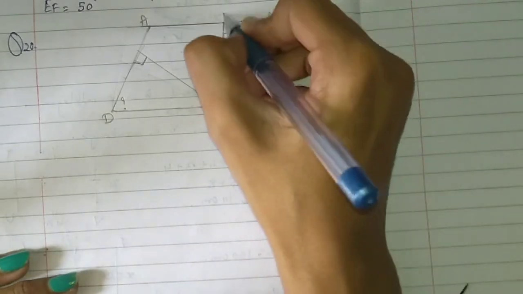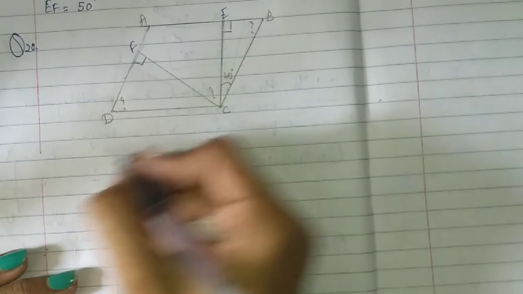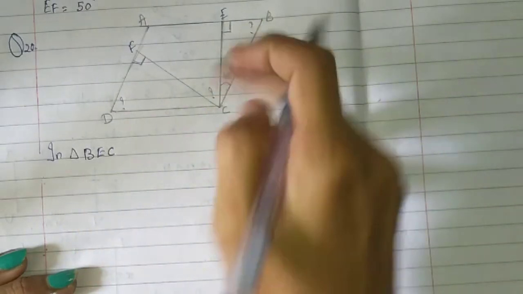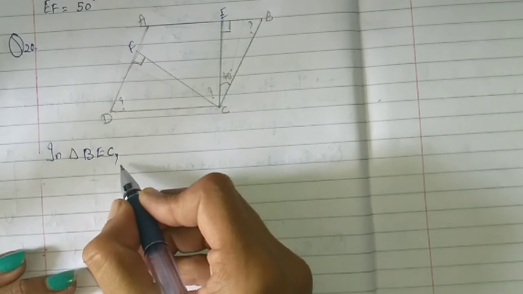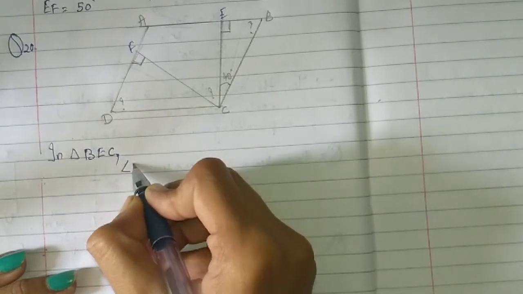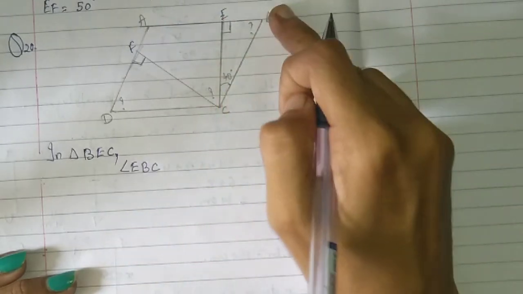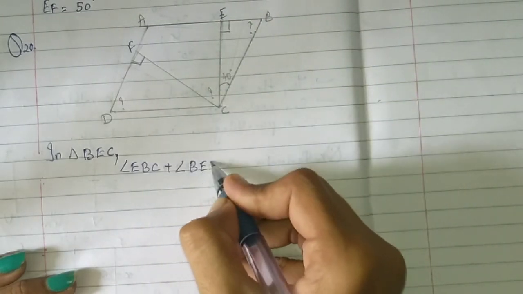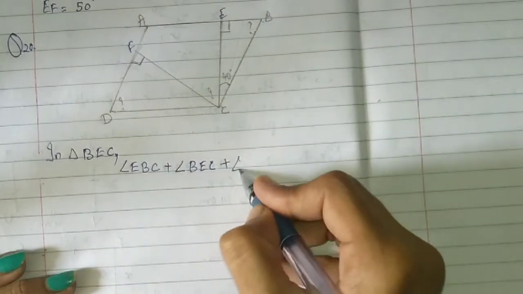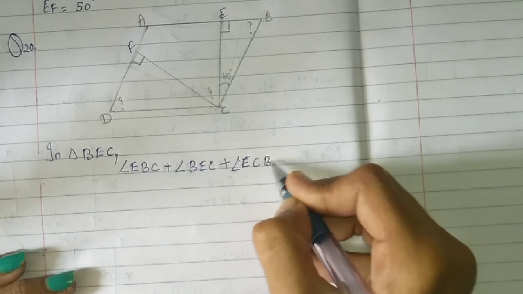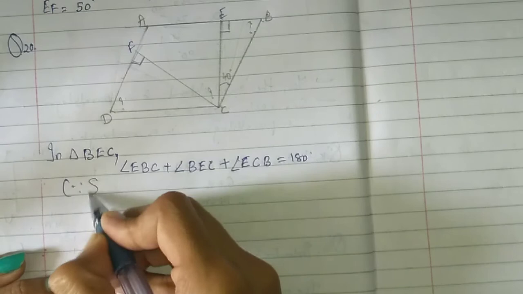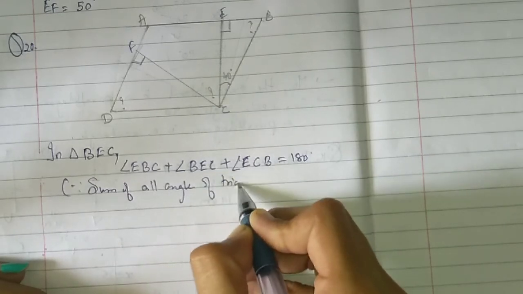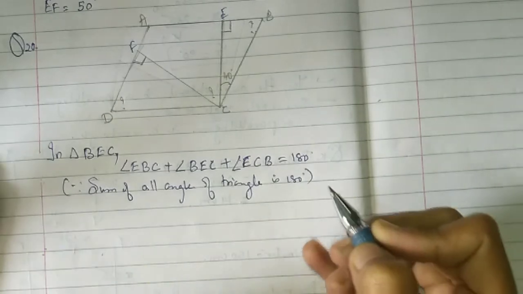So first of all, in triangle BEC, sum of all the angles, which is angle EBC, that means this angle, plus angle BEC plus angle ECB equals 180. The reason is the sum of all angles of a triangle is 180 degrees. That's the reason.